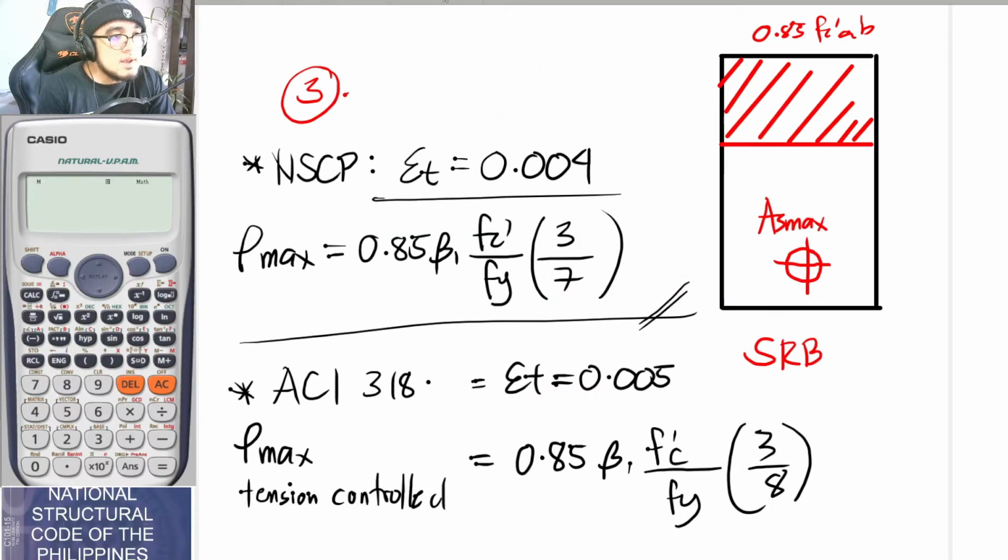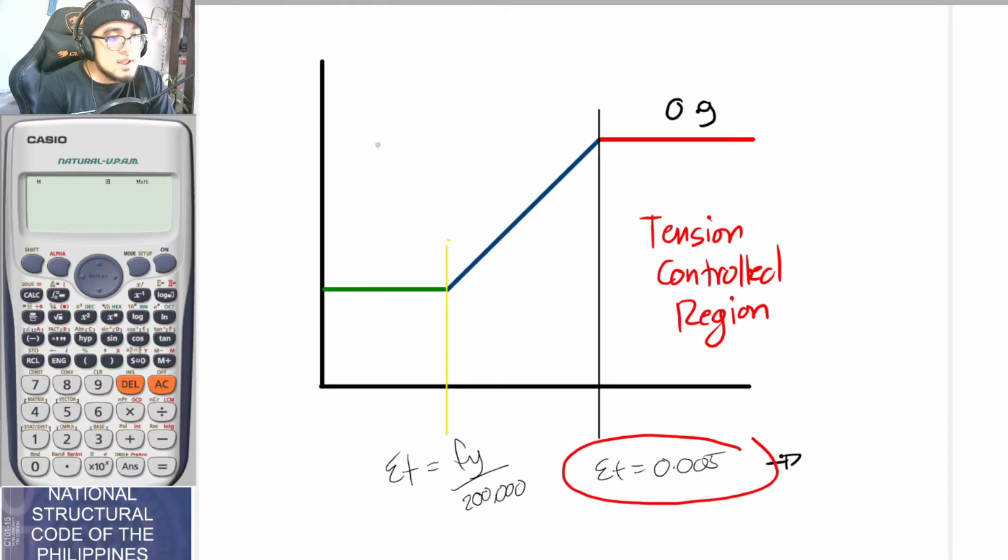Because in your NSCP, the NSCP allows the design up until this portion. So let's say that this is to be your strain t of 0.004. So it is to be at the transition zone.